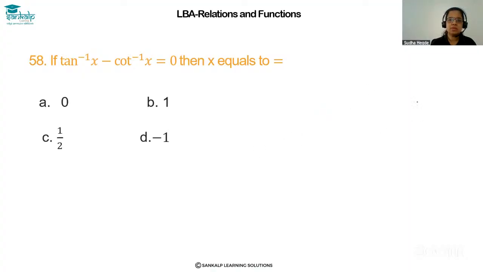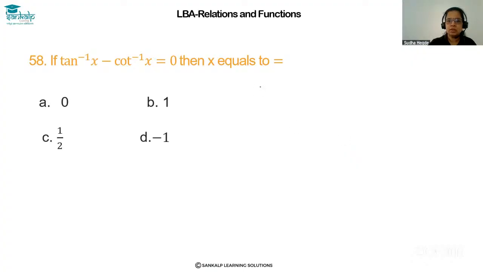Hi students, the question is tan inverse x minus cot inverse x is equal to 0. Then you need to find x value. Option A 0, option B 1, option C 1 by 2, option D minus 1.